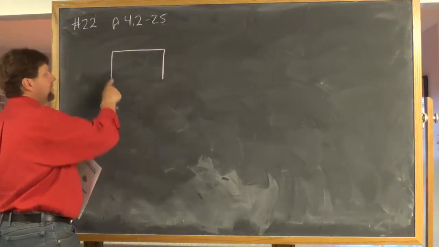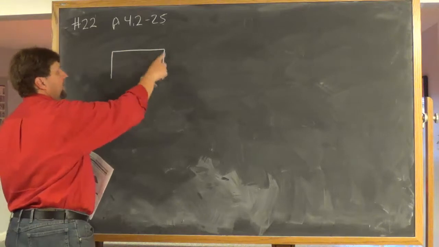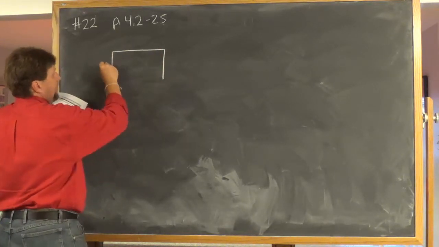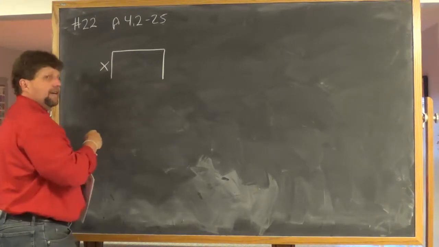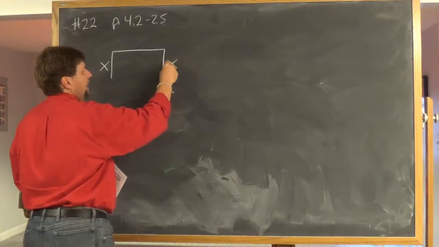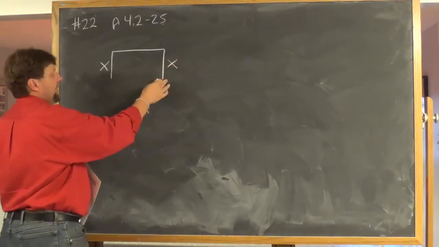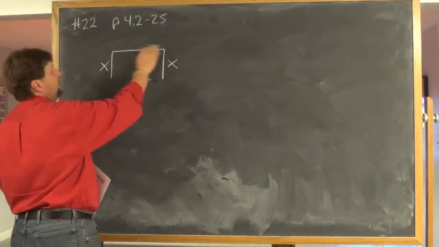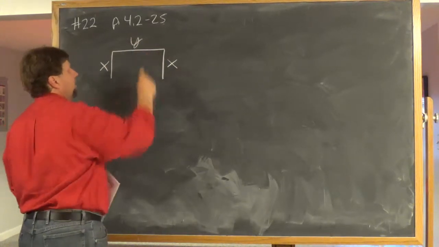I don't know how much fence I'm going to put here, here, or here, but I do know this. If I put x feet of fence here, and because it's a rectangular parking lot, I would have to put x feet there. Those two sides have to be the same. I don't know how many feet are going to go up here, so let me just call it y.